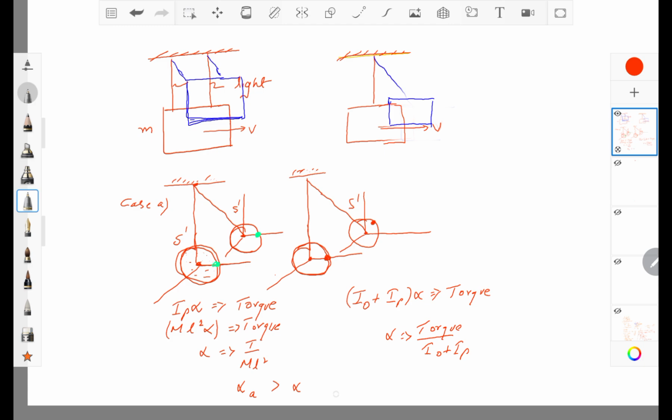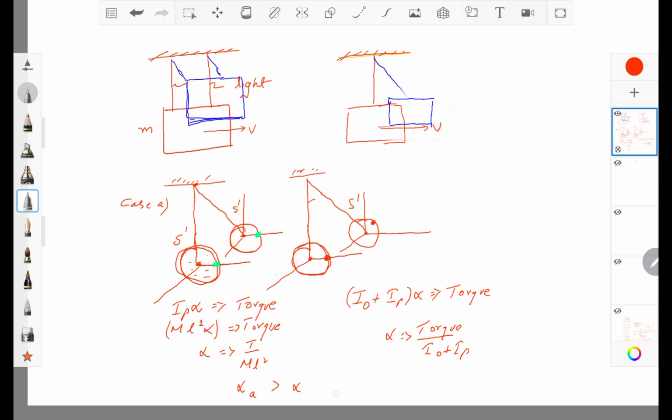So the retardation in case A, as alpha is higher, will be higher than the retardation in case B. More retardation means what is obvious.